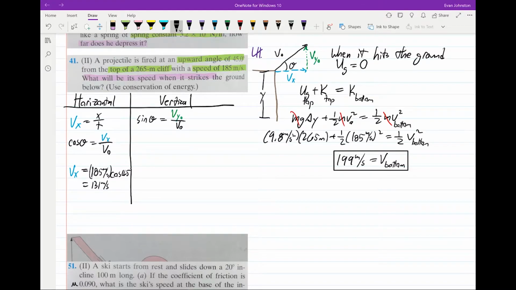We would have done the same thing with sine, and sine and cosine give you the same values if it's a 45-degree angle, which we do have here, luckily. So the initial y velocity is also 131 meters per second.